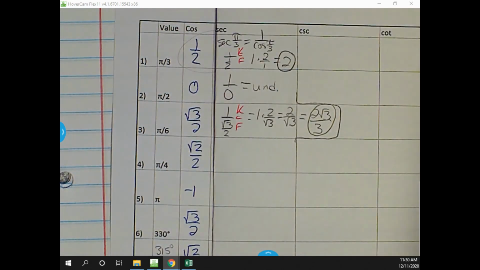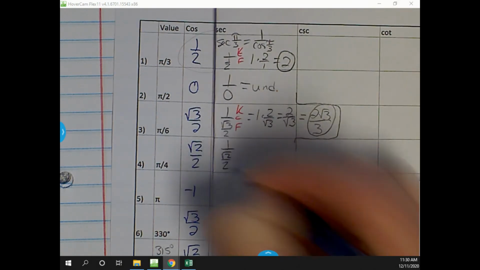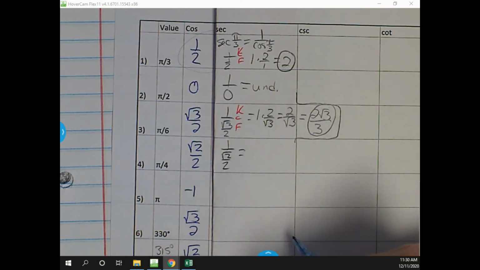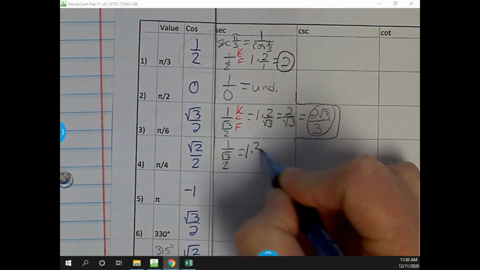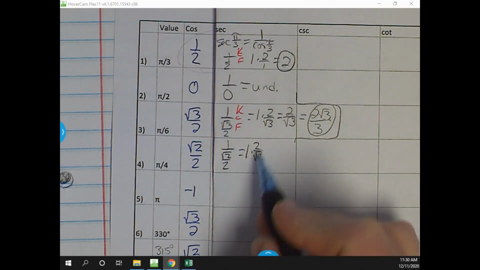So anytime we're doing secant, it's just 1 over the cosine. So that's 1 over the square root of 2 over 2. And again, if we do keep, change, flip, that's 1 times 2 over the square root of 2, which is really just 2 over the square root of 2.